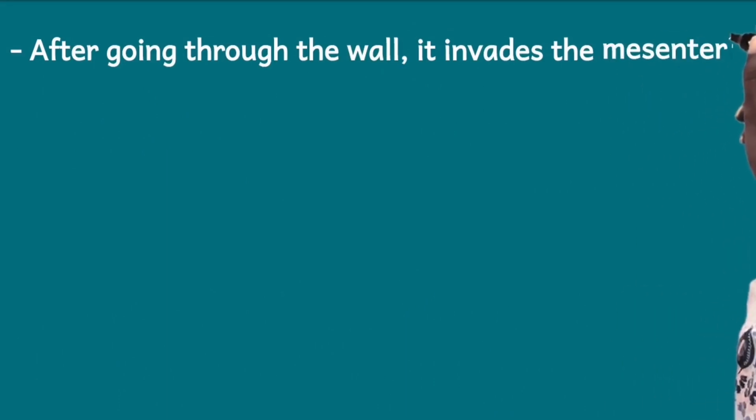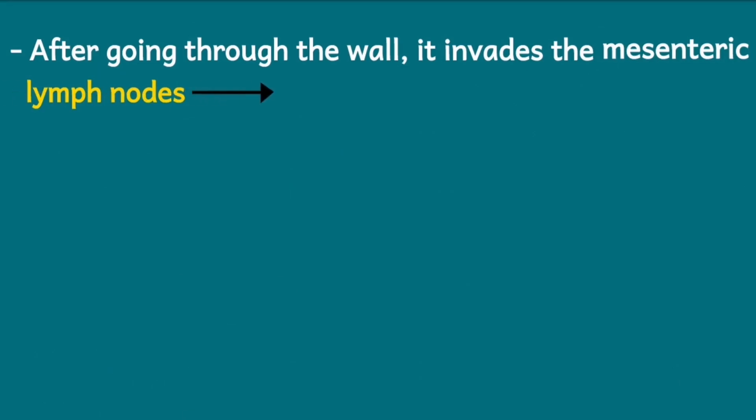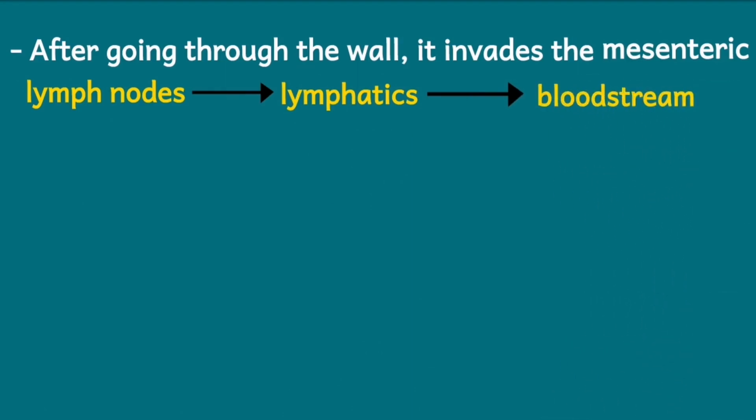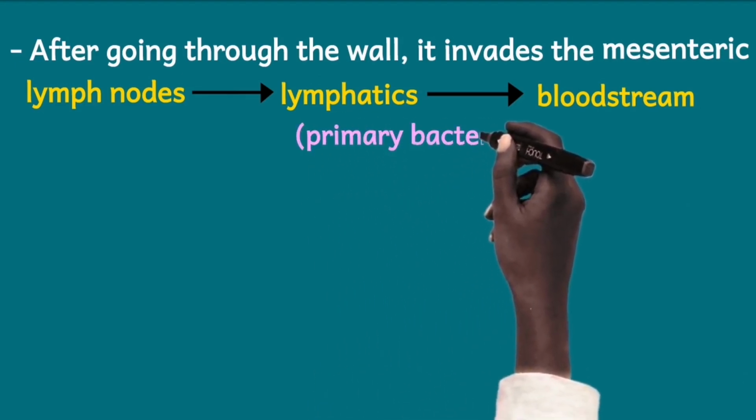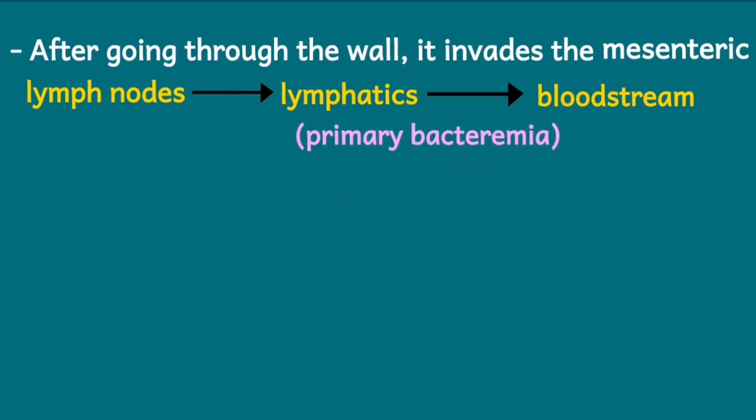These lymph nodes are called mesenteric lymph nodes. From there, they move into the lymph vessels, and eventually these lymphatics would dump them into the bloodstream.